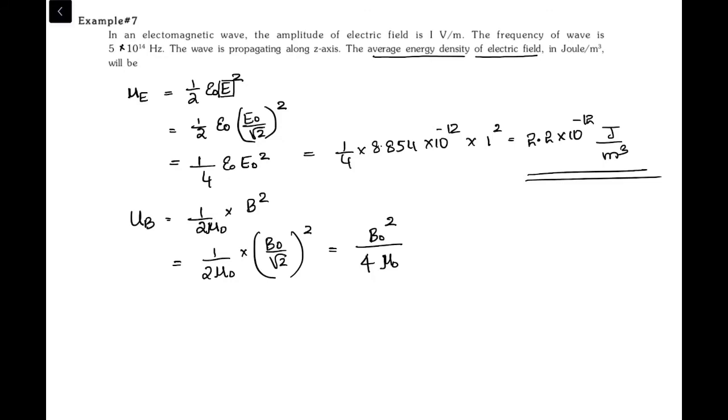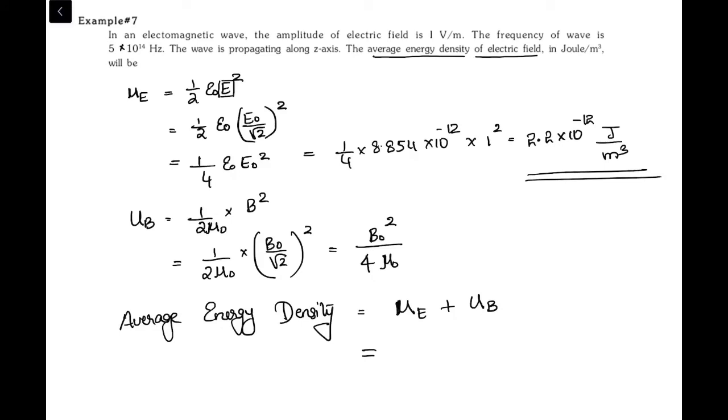Now if the question is asking simply average energy density, then we have to calculate the sum of these two. You have to calculate the sum of average energy density due to electric field and average energy density due to magnetic field.